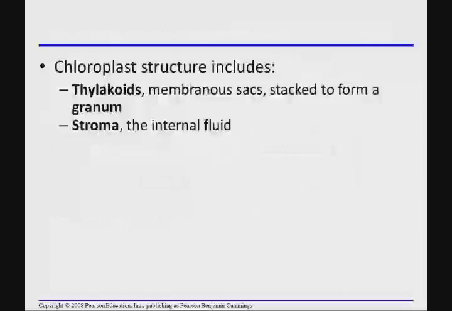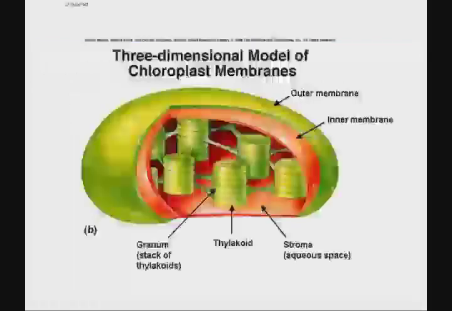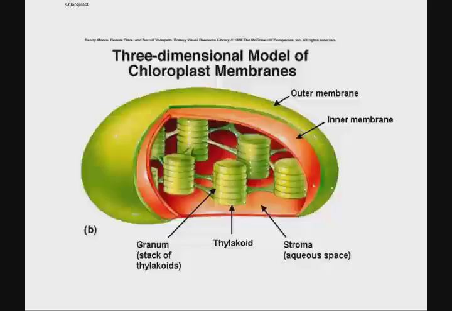Now, the chloroplast is a little bit more complicated in its structure. It in fact has three membranes, and the new membranes that we're going to add are thylakoid membranes, and there's going to be the stroma fluid in which those thylakoids float. So when we look at this three-dimensional model of the chloroplast, we can see we have an outer membrane and an inner membrane, in between which we have an intermembrane space.